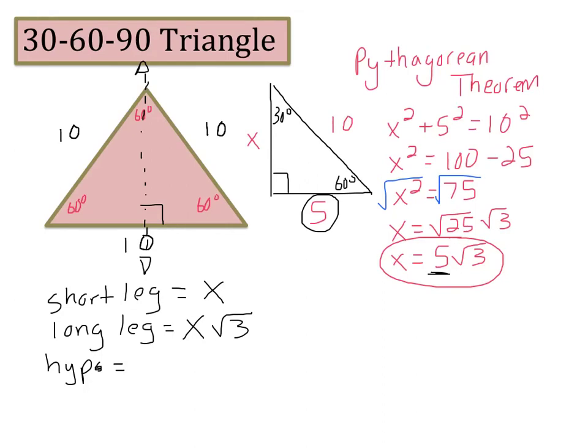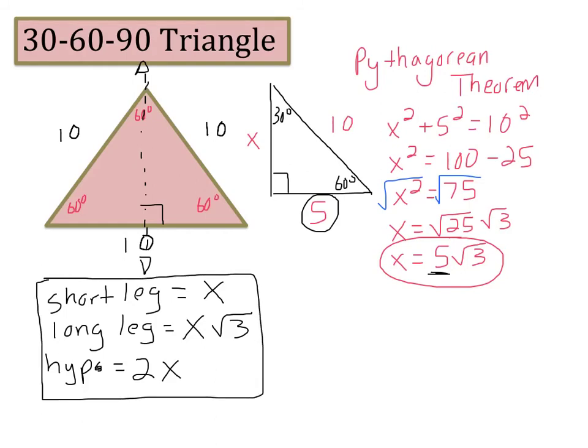Now the hypotenuse is 10, which is 2 times 5. So we can say the hypotenuse is 2x. This is the information on how to determine the side lengths of a 30, 60, 90 triangle.